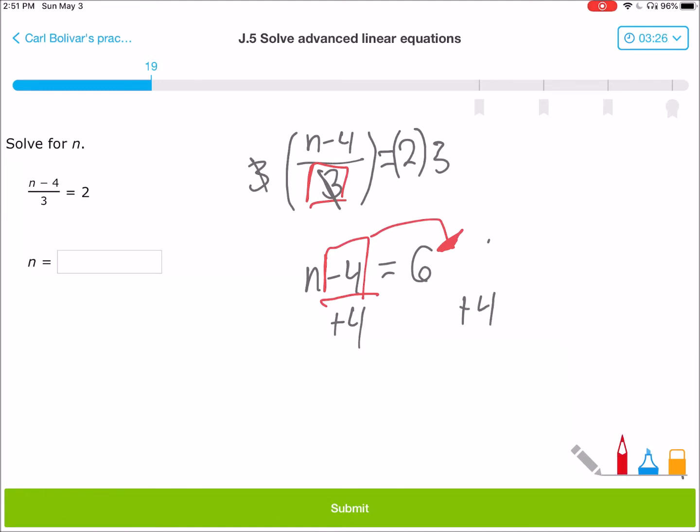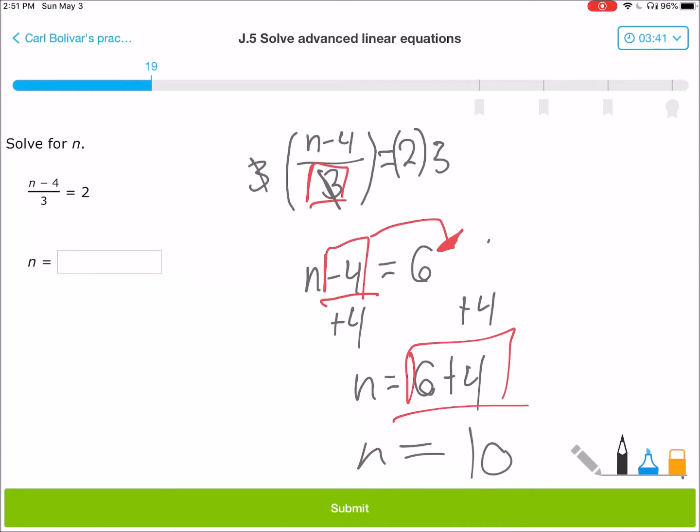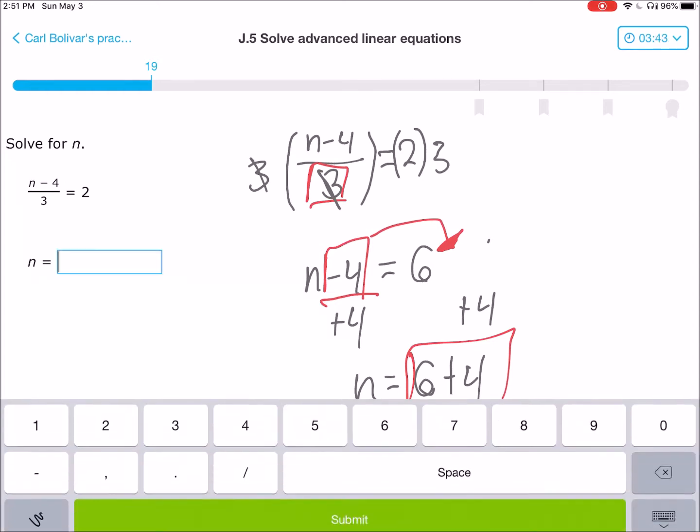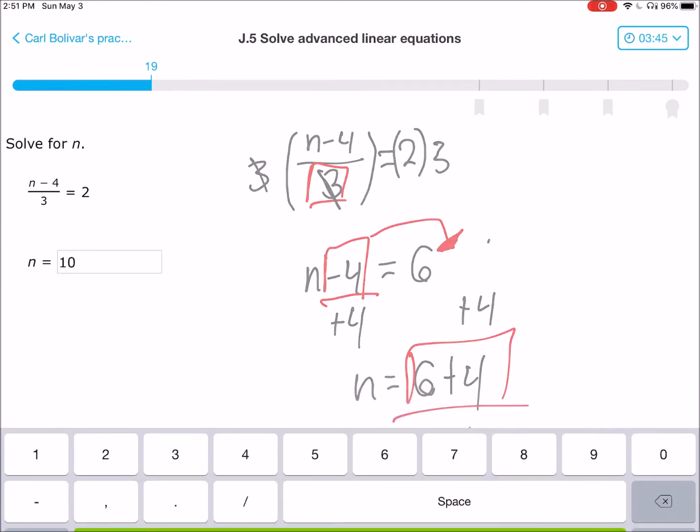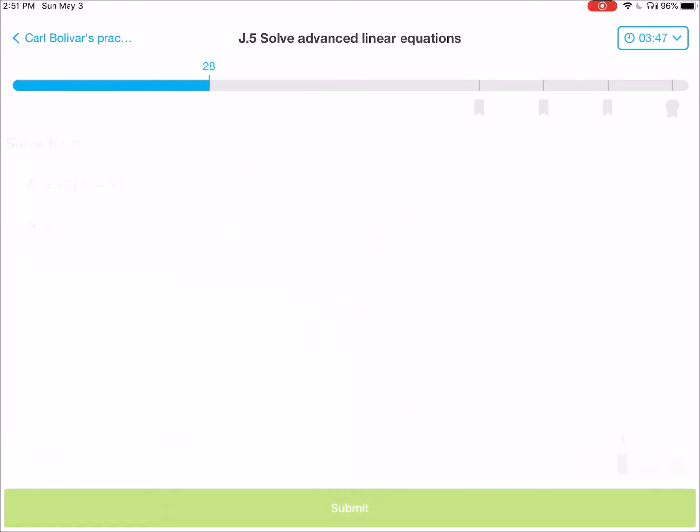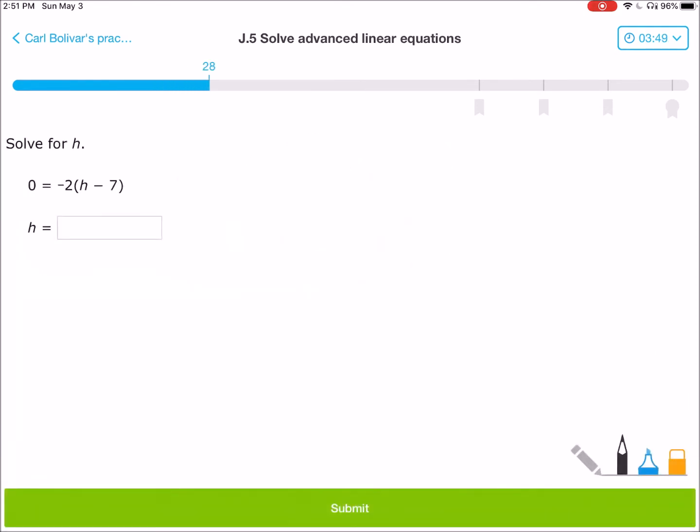So when we add 4 to each side, this would give us n is equal to 6 plus 4. So our answer is 6 plus 4, which is n is equal to 10. Our answer is 10. Great.